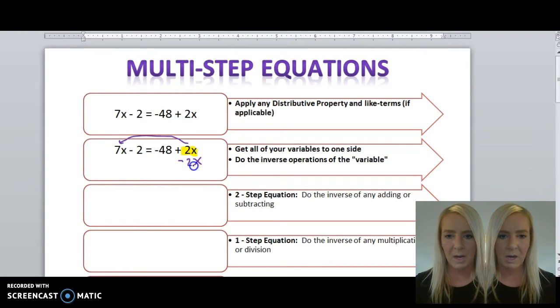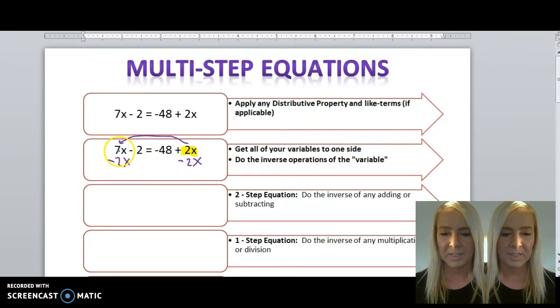So I'm going to subtract 2x from both sides. When I do so, 7x minus 2x is 5x. Minus 2 is equal to negative 48.